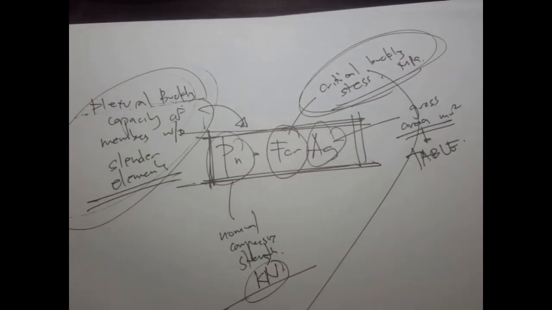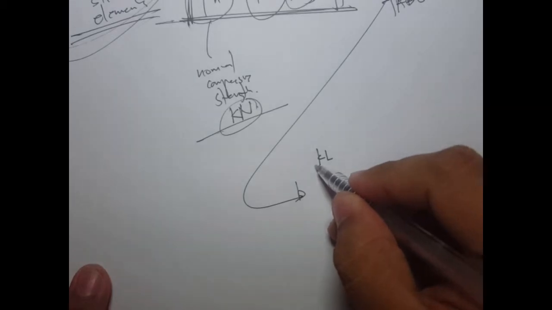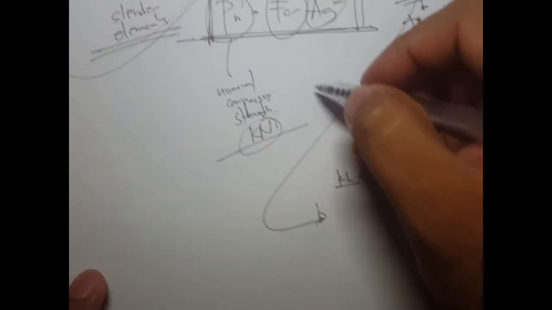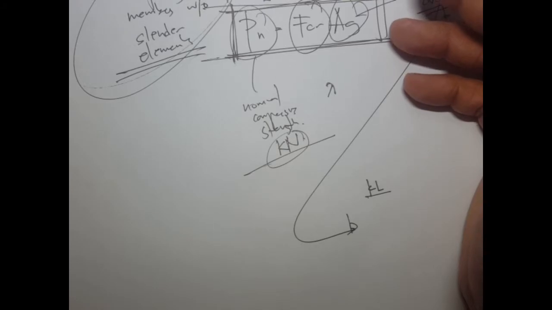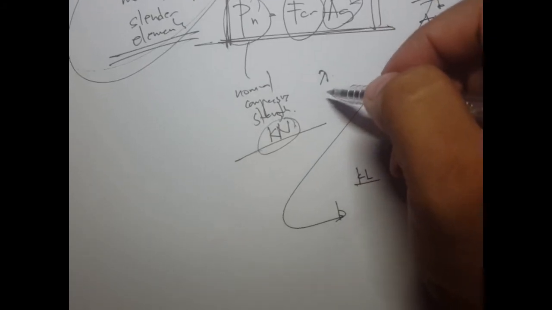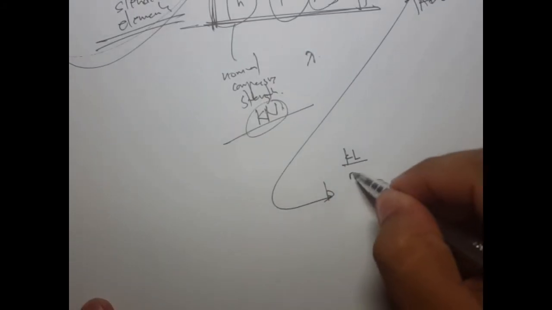The critical buckling stress depends. So how do you find this? We have these conditions. We have to check the slenderness ratio. Take note, this one is the slenderness ratio. The other one, denoted as lambda, is the limiting width to thickness ratio. This one is the slenderness ratio.